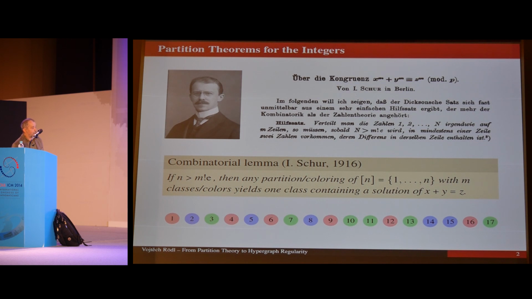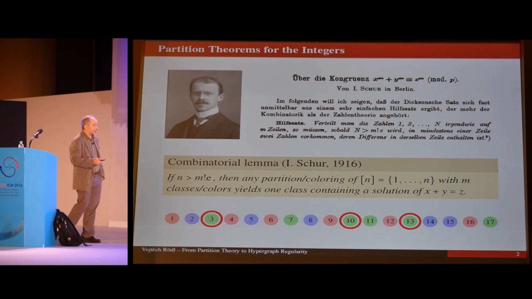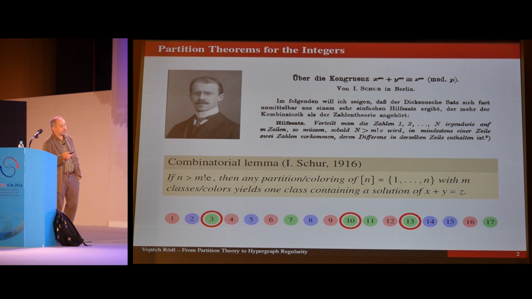Here is an example of such a 3-coloring, m equal to 3, of n equal to 17. 17 is bigger than 3 factorial times e. And here is the solution of the equation, which is monochromatic, x plus y equals z. Actually, here we would need, I think, only 13 integers, so this is not optimal.